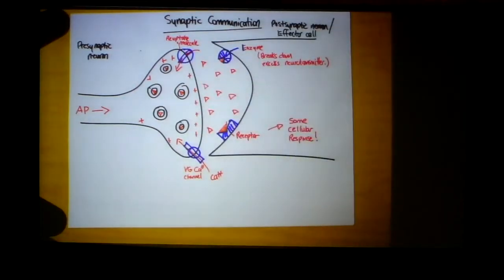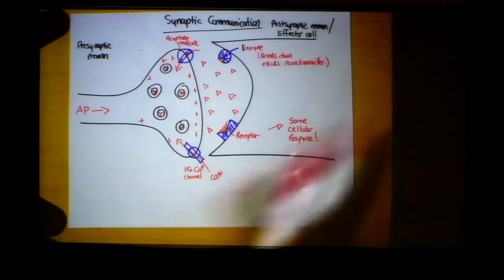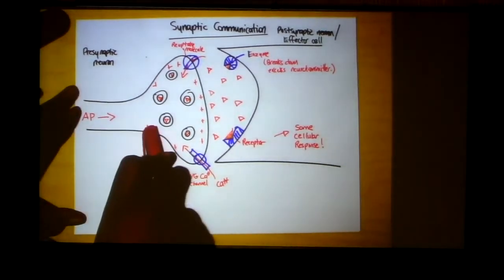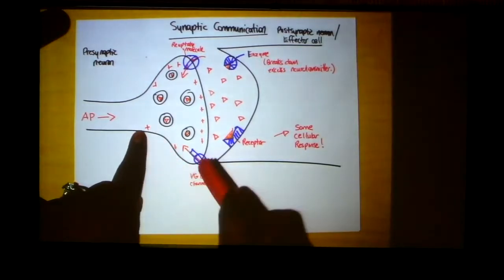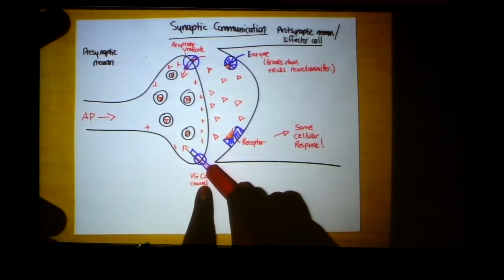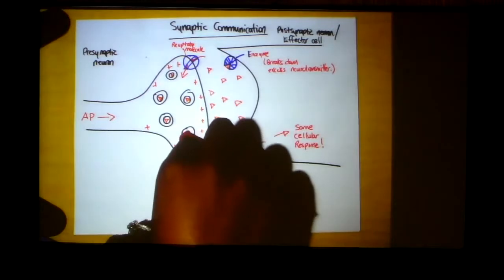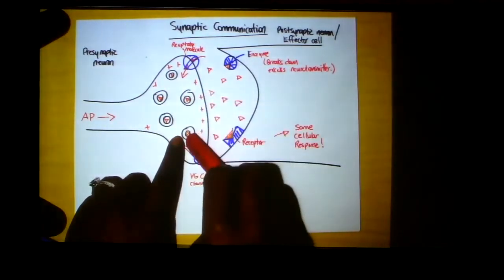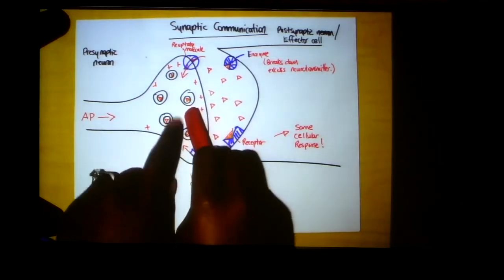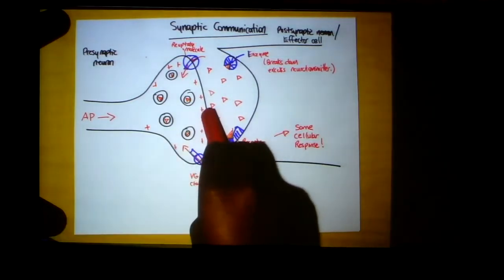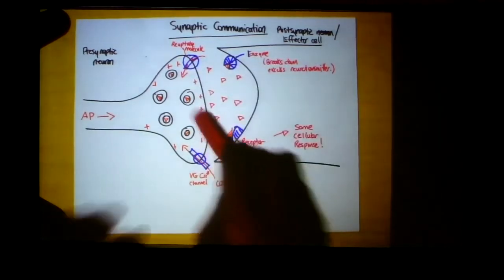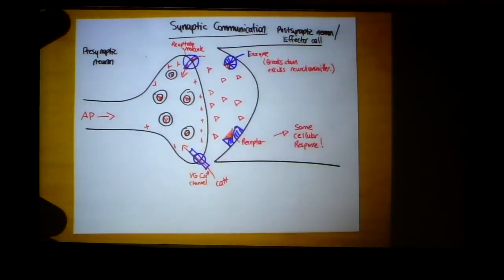Okay, it's recycled. And so just to review this one more time, just for repetition, the action potential gets to the axon terminal. We open up voltage-gated calcium channels. Calcium rushes into the membrane. Calcium facilitates the exocytosis of this vesicle such that the vesicle membrane fuses with the terminal bouton membrane and the neurotransmitter is dumped into the cleft.